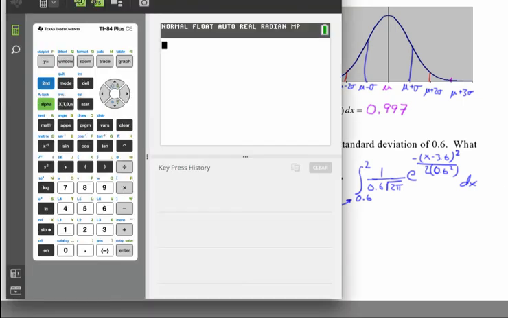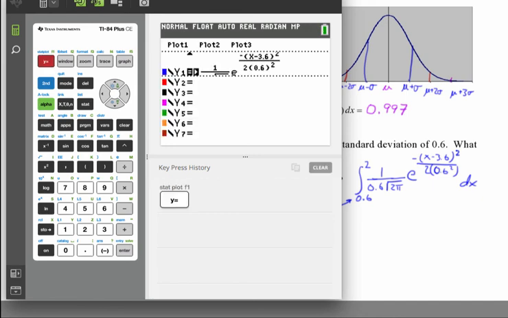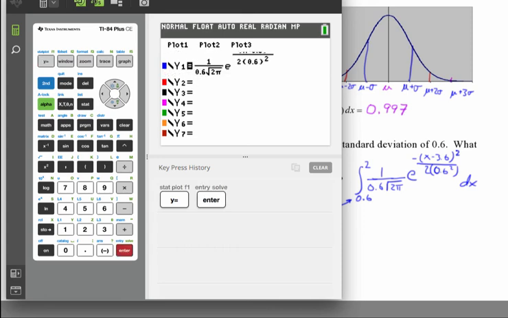Now we just need to type this in on your calculator. I have an 84 set up. I've already typed in the equation here, and you can see the negative of the quantity x minus 3.6 squared divided by 2 times 0.6 squared, and then the coefficient part, 1 over 0.6 square root of 2 pi.